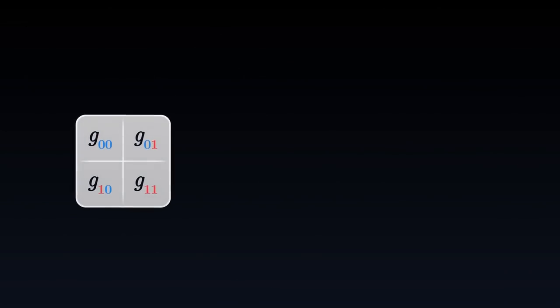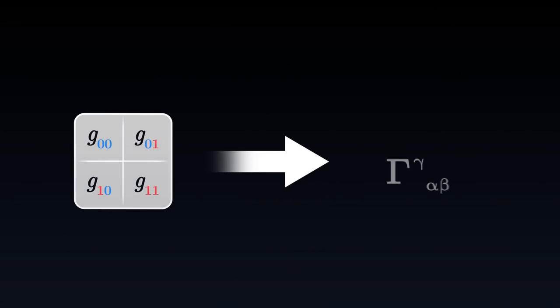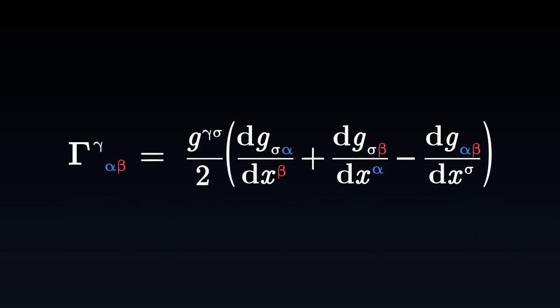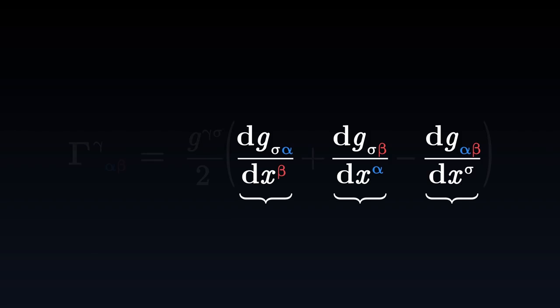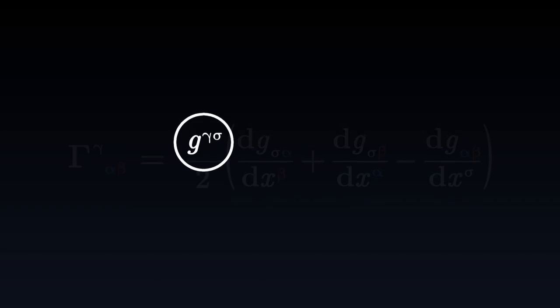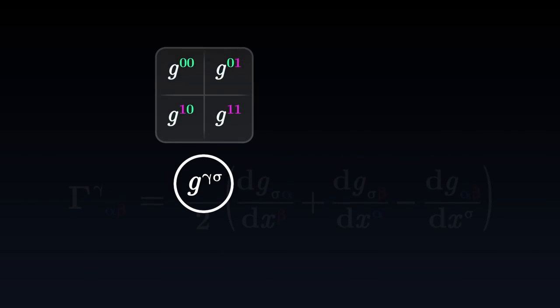When we perform this calculation, which uses the variation of the metric tensor to express the Christoffel symbols, we obtain an expression which involves derivatives of the metric tensor, because we look at how it varies along the grid, but also its inverse, denoted with indices at the top, which is another table quite hard to calculate.